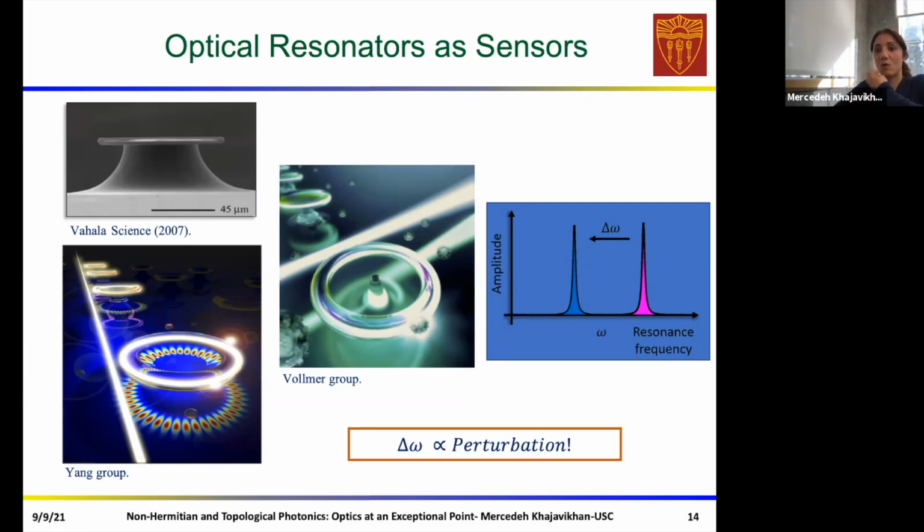In optics, we usually teach students that delta lambda over lambda is equal to delta n over n effectively. So what you see here is that the change in the frequency is proportional directly to the delta n. And so this is known.